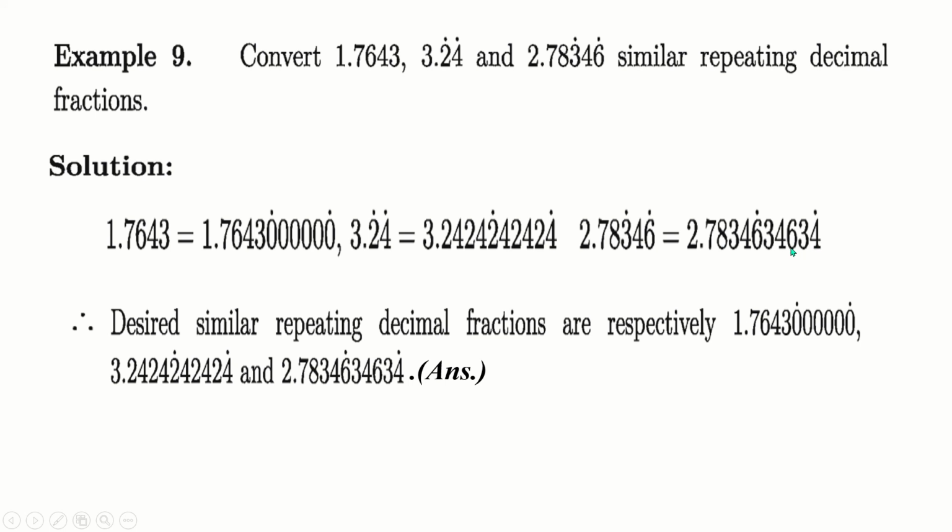That means 1, 2, 3, 4, 5, 6. So at first you have to use a dot on 6 and then last on 4. Clear everyone? Next, again I will explain for solving the math. Okay.